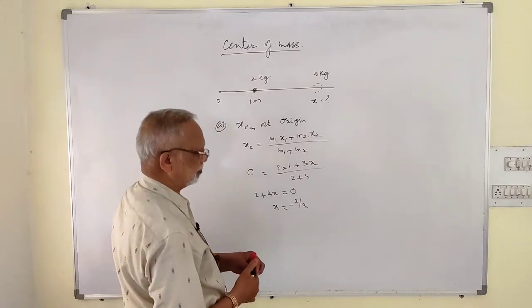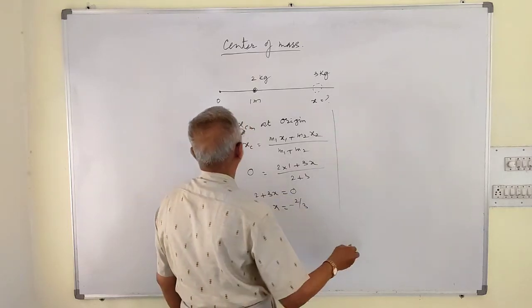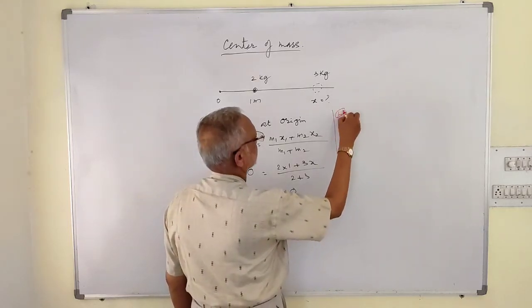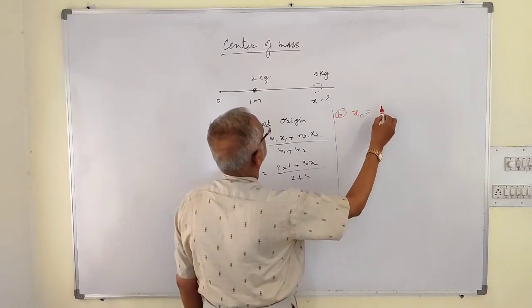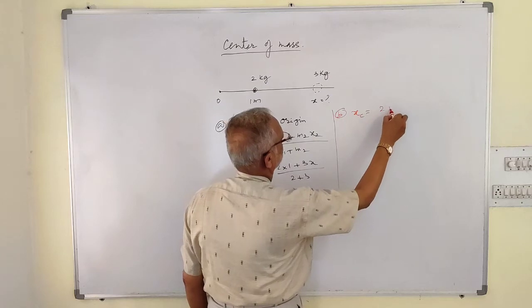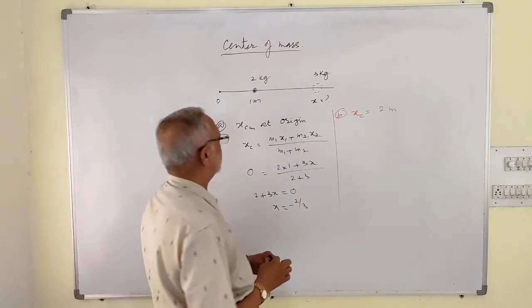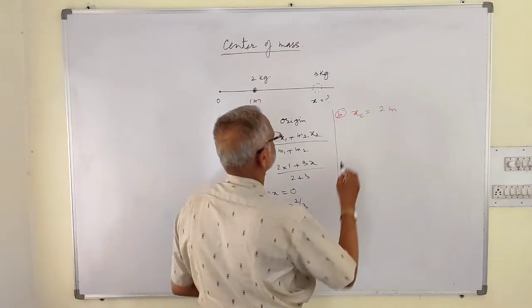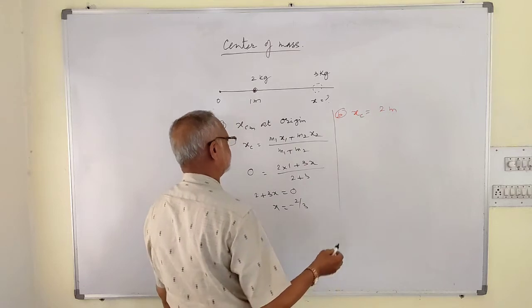Now let us take part B. Where should the body be placed so that the center of mass lies at x is equal to 2 meter? Applying the same formula, x is equal to m1 x1 plus m2 x2 by m1 plus m2.